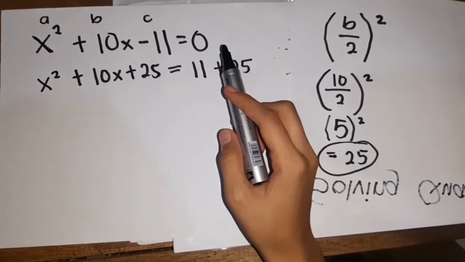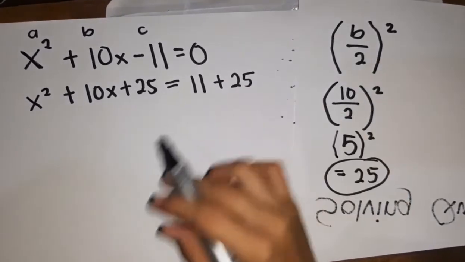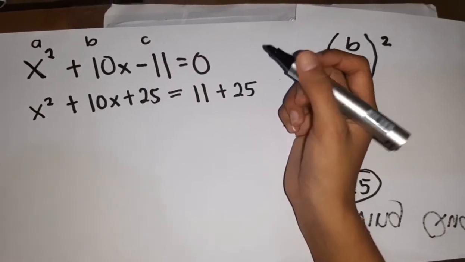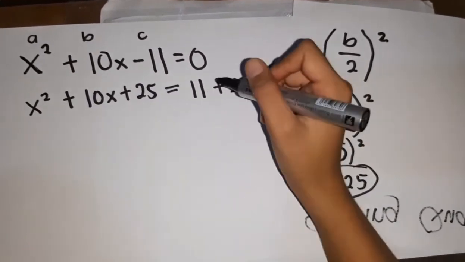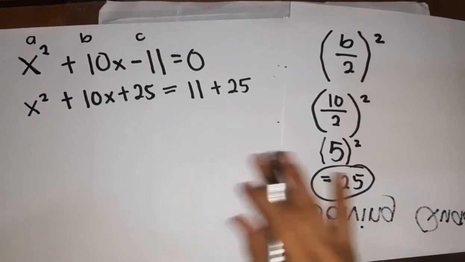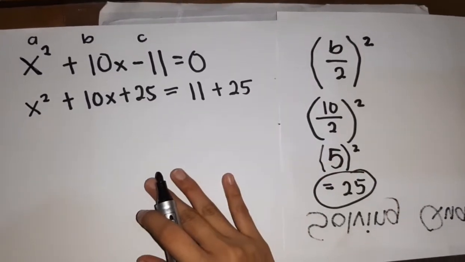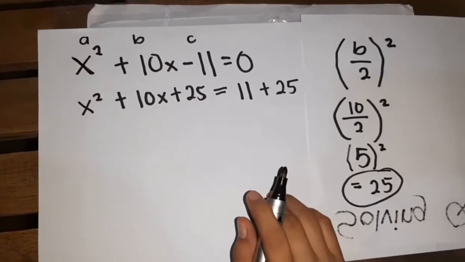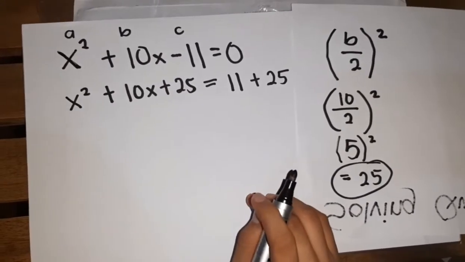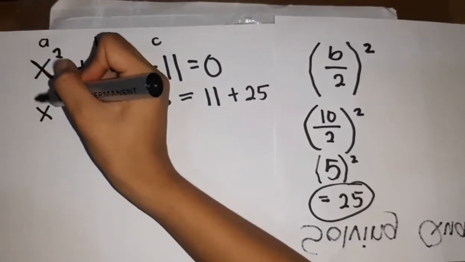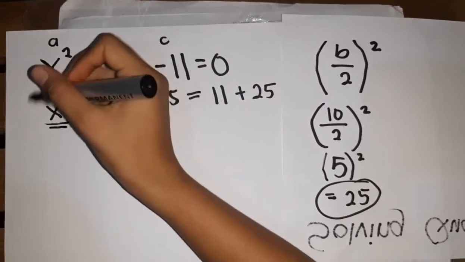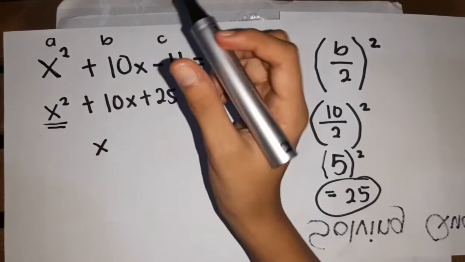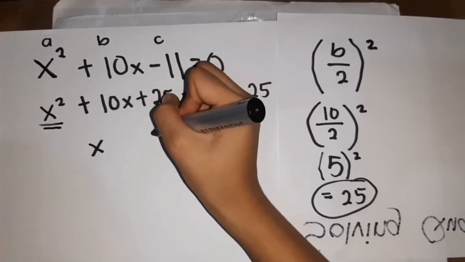After adding b over 2 squared on both sides, this trinomial is already a perfect square trinomial. It means we can write this as the square of a binomial, and to do that, I told you that you may just get the square root of the first and the last term. So the square root of the first term, square root of x squared, that is x, and the square root of 25, that is 5.